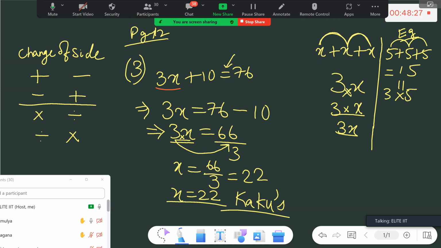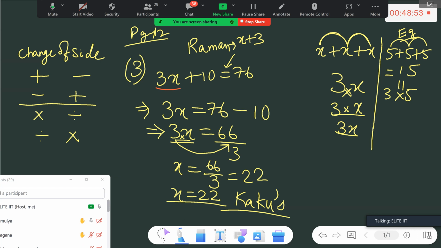But what is the question? Find the marks obtained by Raman, right? And what did we consider Raman's marks? X plus 3. See your answer, see your copy. You wrote it.